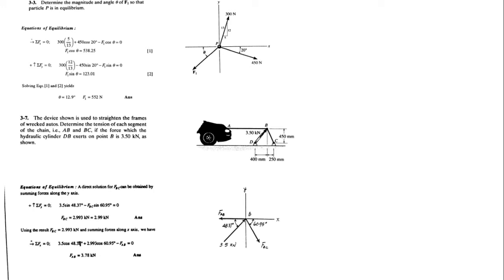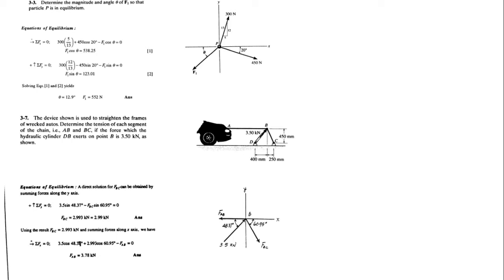Now you go to apply sigma Fy is equal to 0. We apply the same aspects, but the vertical component of 300 is 12 by 13, positive. Now we go to the force in the fourth quadrant, 450 Newton. It comes out to be 450 sine 20 because it is the vertical component, but since it is acting in the direction opposite to the positive y-axis, we add a minus sign with 450 sine 20.